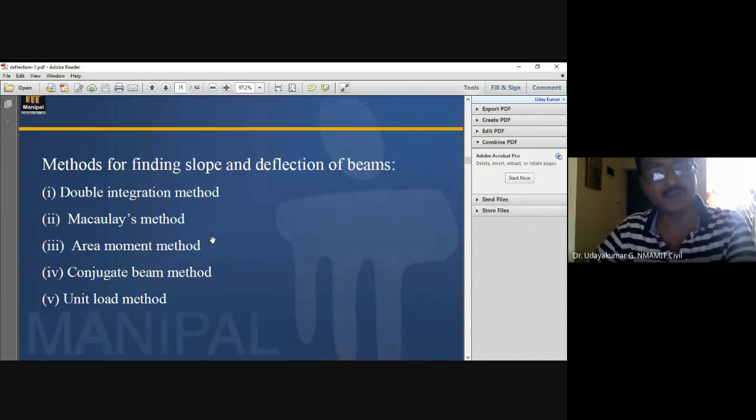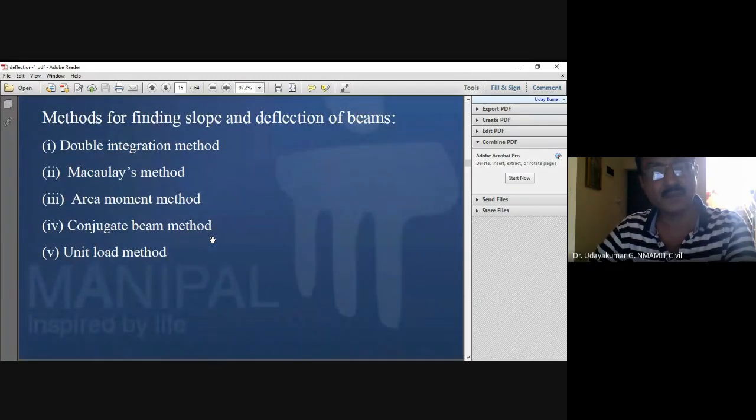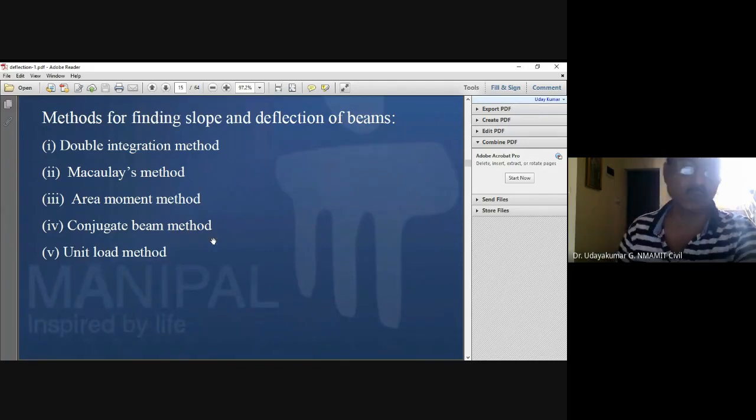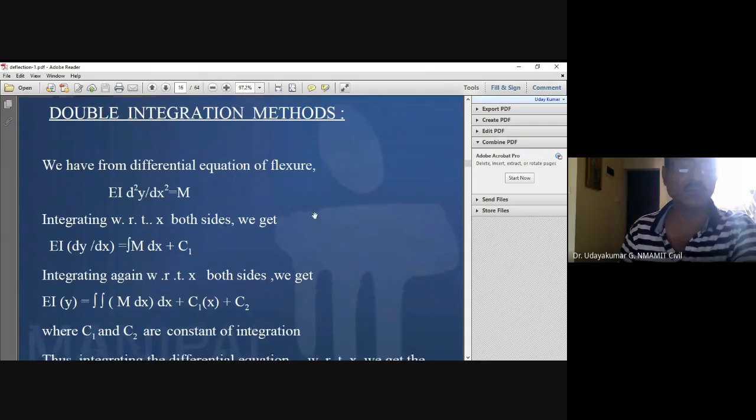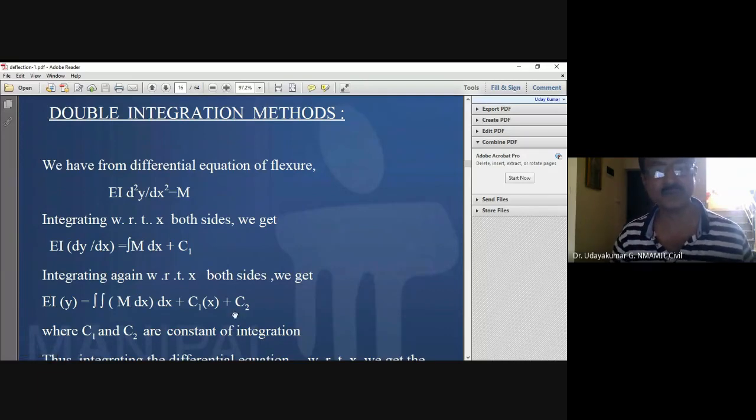Let us see. In a double integration method, when the beam is subjected to a number of loads, you need to have several equations to solve for C1 and C2. For example, the equation E d squared y by dx squared equals M. After integration, you get C1, the constant of integration, and on double integration of this equation, you get C1x and C2.